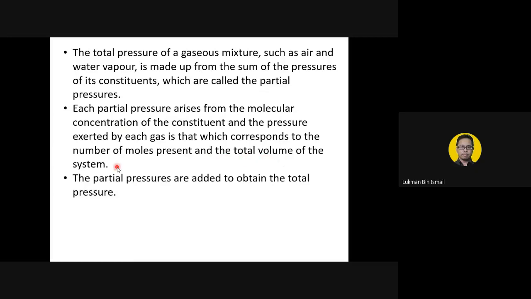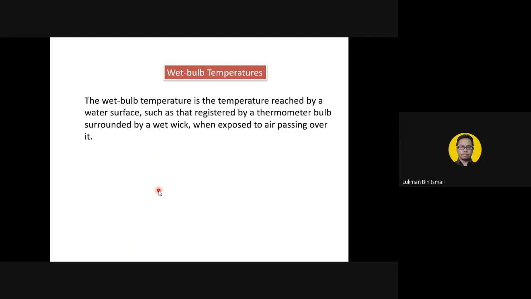So if you have a system which contains air plus water vapor, the total pressure as well as the partial pressure depends on the concentration of the species inside the mixture. The partial pressures are added to obtain the total pressure. These are facts that you need to understand.